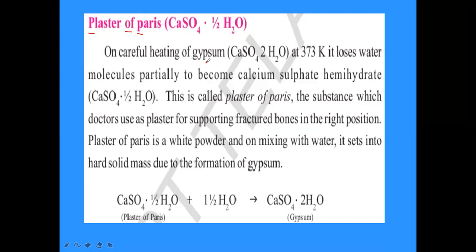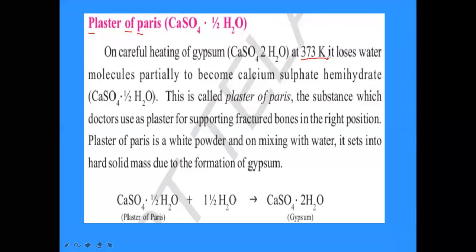On careful heating of gypsum, that is calcium sulfate dihydrate, what is the chemical composition of gypsum? Calcium sulfate dot 2H2O, read as calcium sulfate dihydrate. On carefully heating this calcium sulfate dihydrate at 373 Kelvin, 373 Kelvin means how many degrees Celsius?